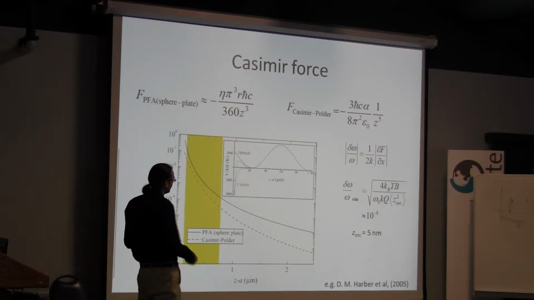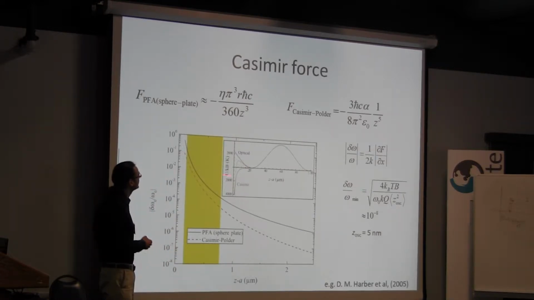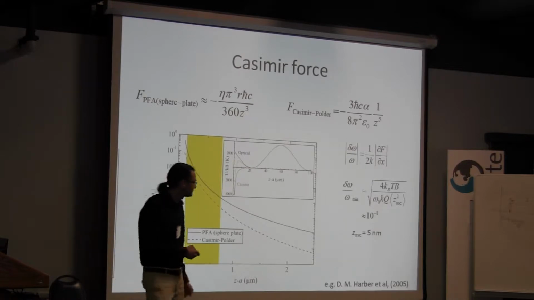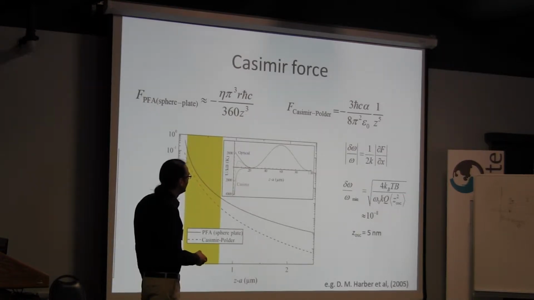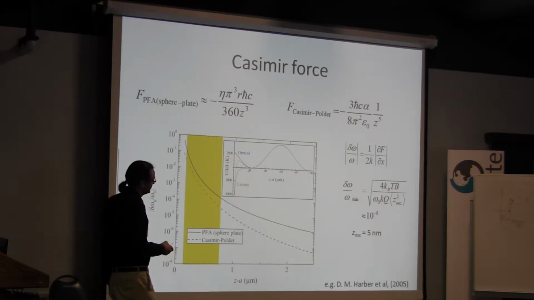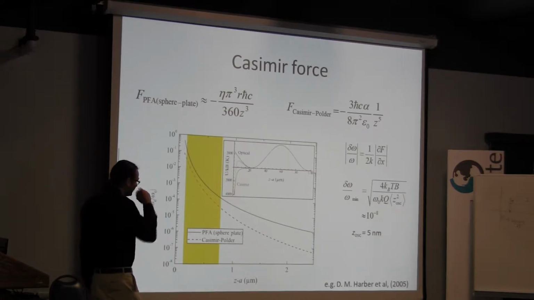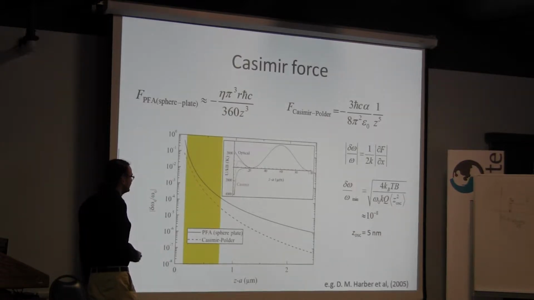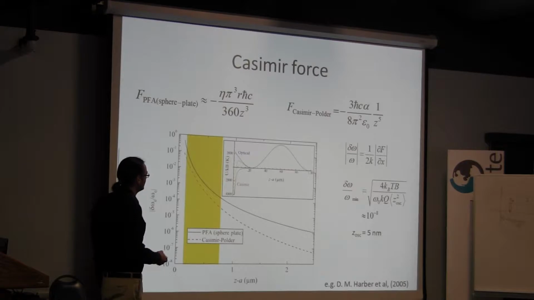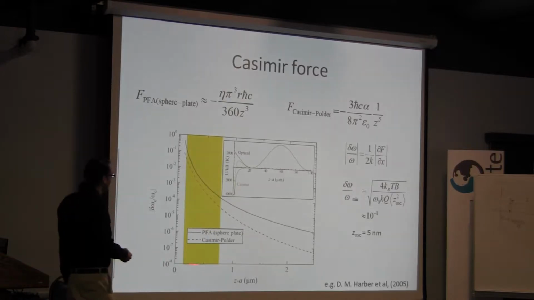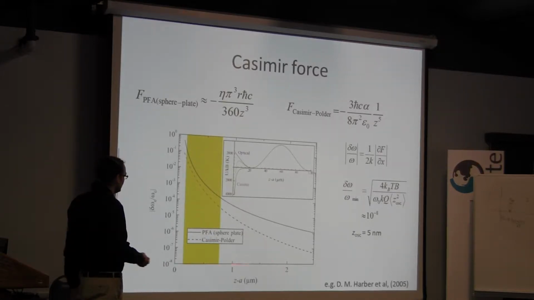In this case, we're specifically driving the sphere into some oscillation and looking at the fractional frequency shift that's measurable. For an oscillation amplitude of 5 nanometers, this is a fractional shift of 10 to the minus 8, which allows you to really extend the distance between the plate and the sphere over several microns down to hundreds of nanometers.